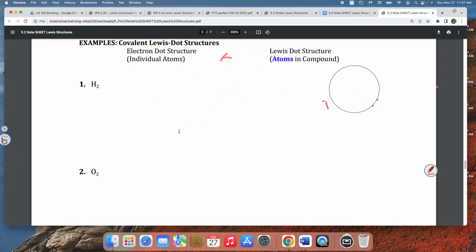Let's move on to oxygen. Oxygen's a wee bit more complicated. So each oxygen, we have 2 of them, has 6 electrons. So 2, 4, 6. Let's draw this one as X's. This might get confusing, and maybe I should have separated them out, but I didn't. So this involves a little bit of thinking on your part.